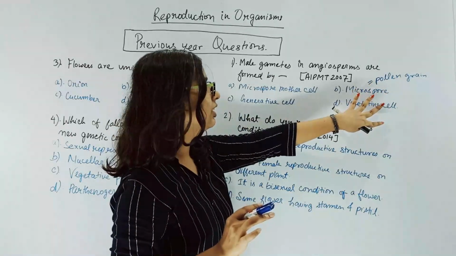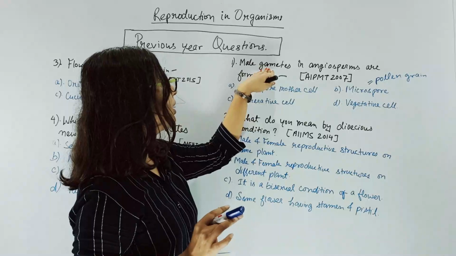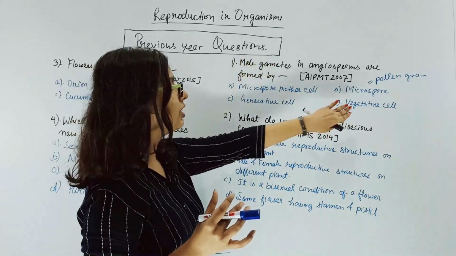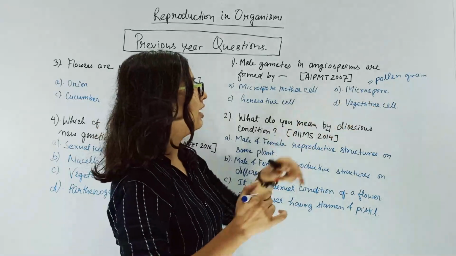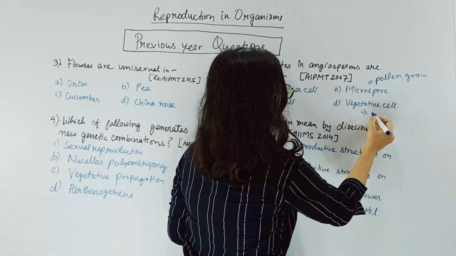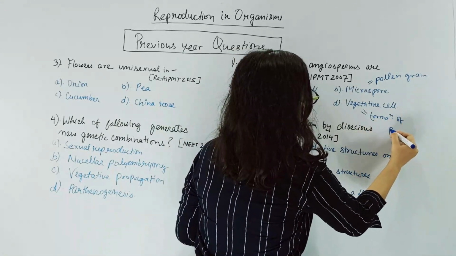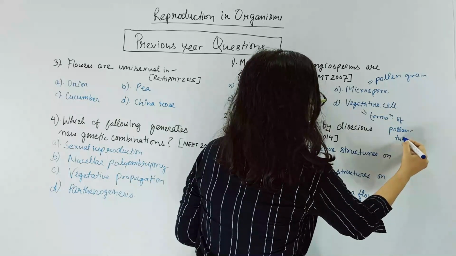So you need not worry about this, because the question is focused on male gamete formation. Male gamete formation cannot be from the vegetative cell. Vegetative cell is particularly concerned with formation of pollen tube. Don't worry about this.